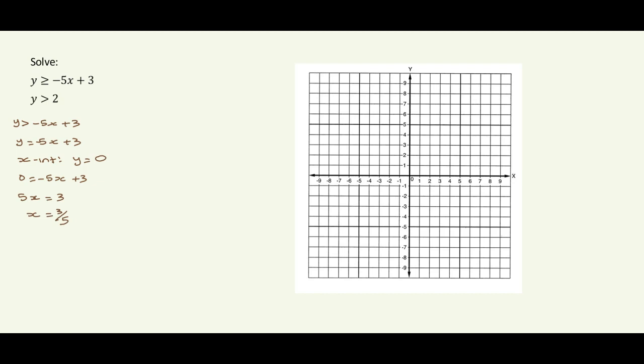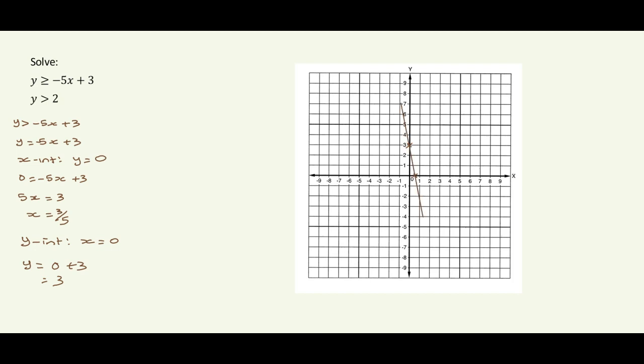Then we look for the y-intercept, and at that point x equals 0. So y equals 0 plus 3, which is equal to 3. So y equals 3, and x is 3/5. We're going to put it right about here. So we're going to draw a line, and the line joins both points together.